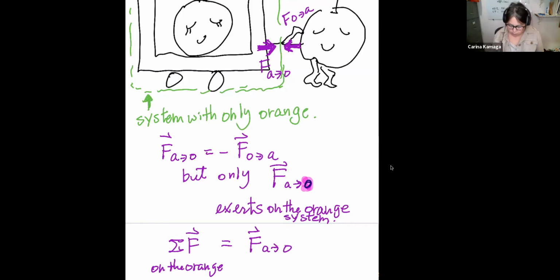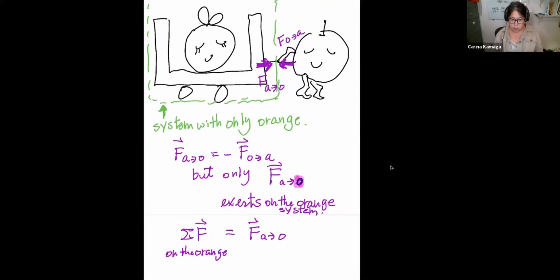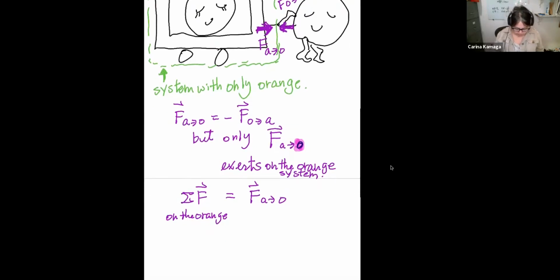You don't need to, again, worry about other things. It's only the force that's onto the orange. I could be pushing, I could be doing something, but all I need to worry about is what's happening on me to talk about my motion. Then that's the net force on the orange.